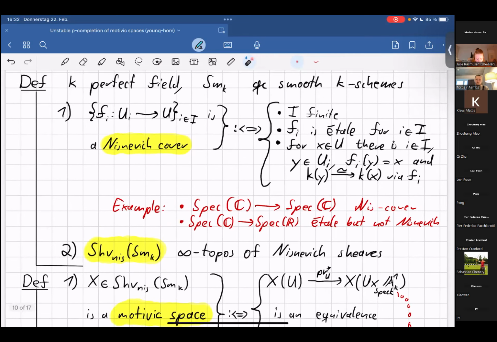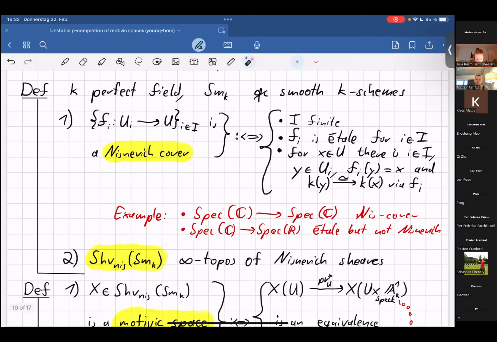Okay. Now we know what a Nisnevich cover should be, and now we can define the category of Nisnevich sheaves to be the infinity topos of sheaves of anima with respect to the Grothendieck topology on Sm_K given by Nisnevich covers.